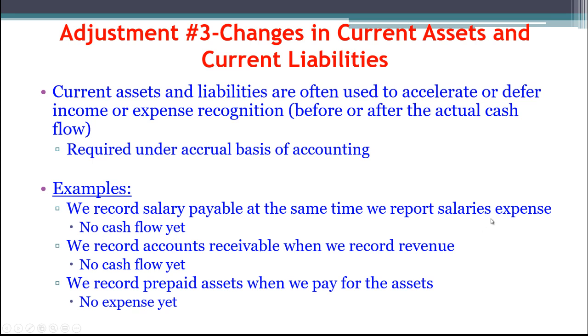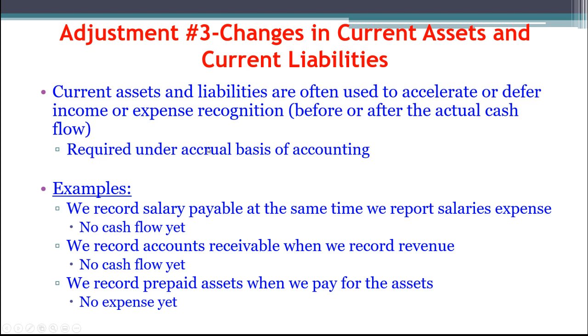If we would have paid that salaries expense right away, we wouldn't have touched salaries payable. We record accounts receivable when we record revenue that we have not yet collected. We record prepaid assets when we first buy assets like supplies or whatever, and there hasn't been an expense yet.